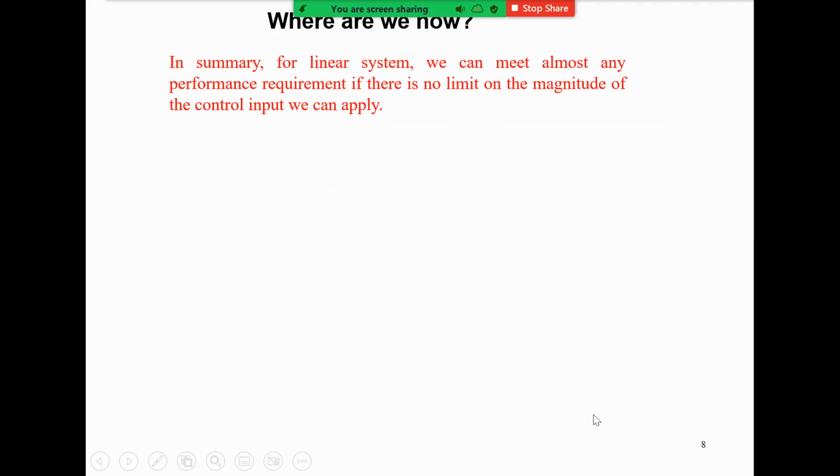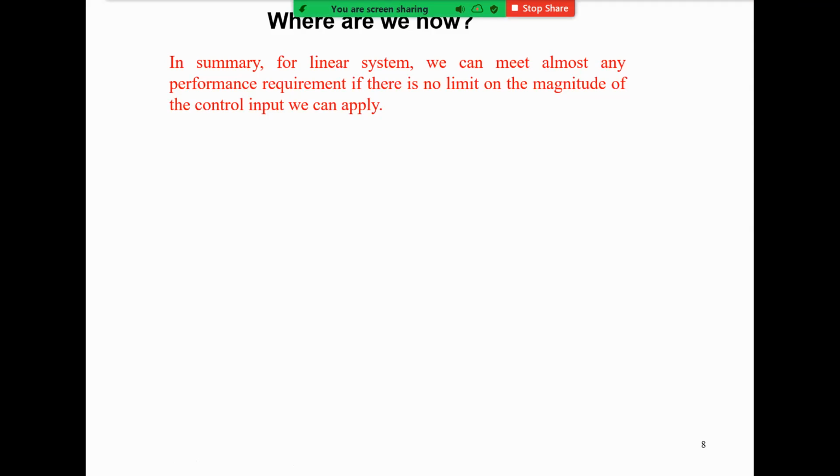All right. So let's summarize what we have learned. If the system is linear, actually we can meet almost any performance requirement if there is no limit on the magnitude of the control input we can apply. In theory, because we never mention what is the maximum value of the input we can apply, we never consider those constraints.